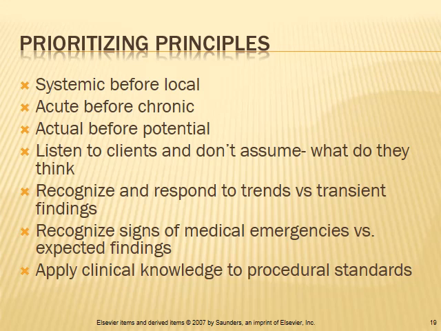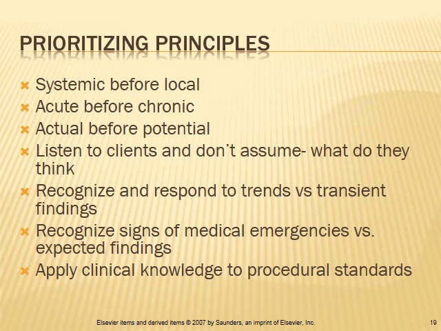Another way we can prioritize is by recognizing trends. Which direction is this blood pressure going? Is it getting higher and higher? Is it lower and lower? Versus one episode of hypertension with no other episodes.